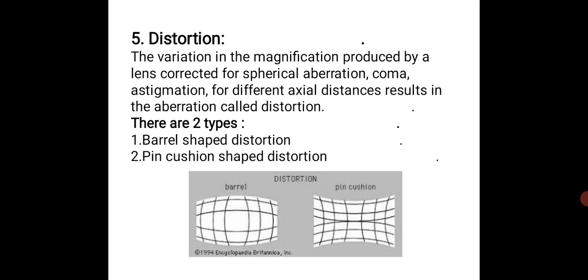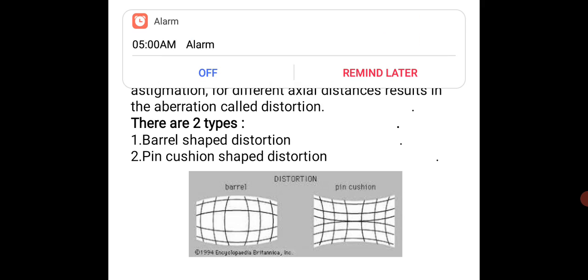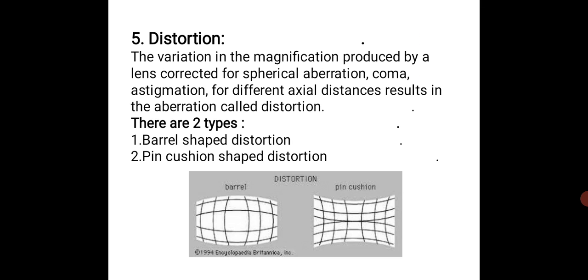So the magnified image is defective. There are two types: one is barrel shaped distortion and another is pincushion shaped distortion, as shown in the below figure. So these are the different types of monochromatic aberration.